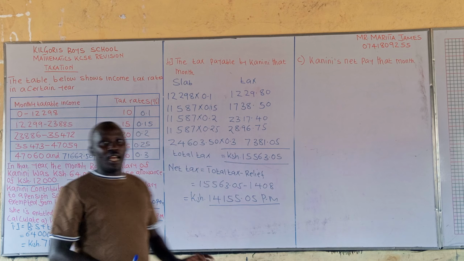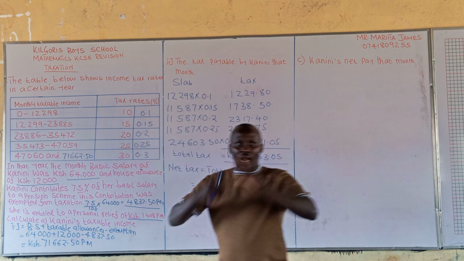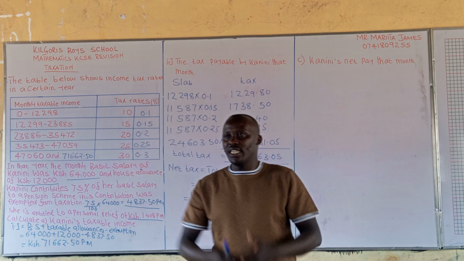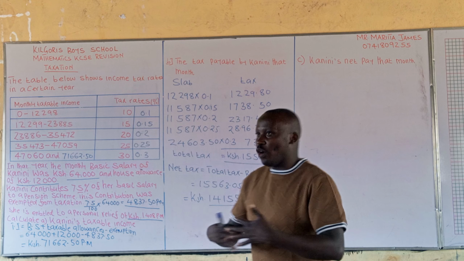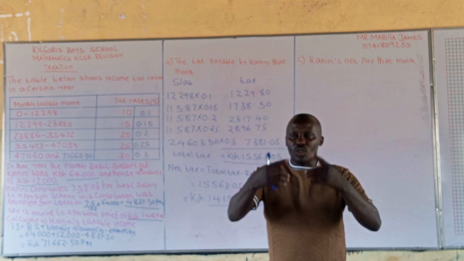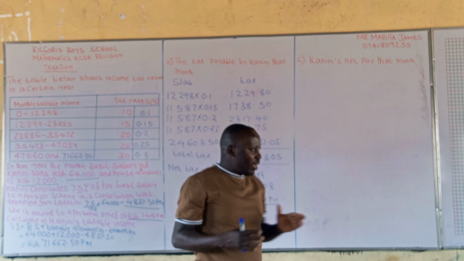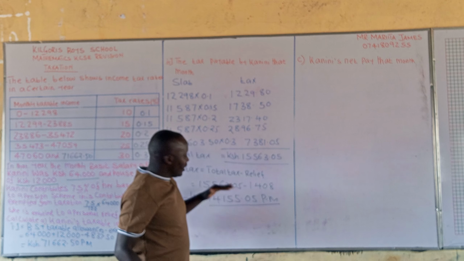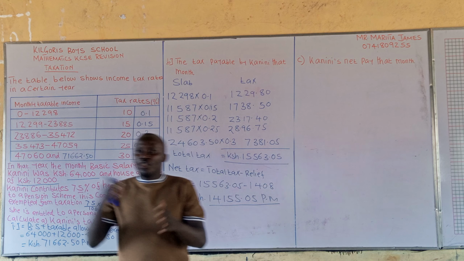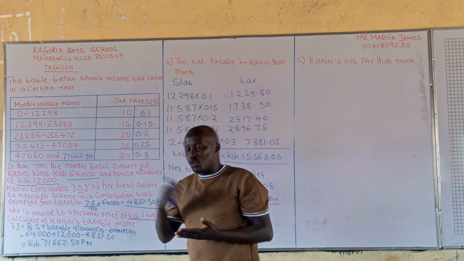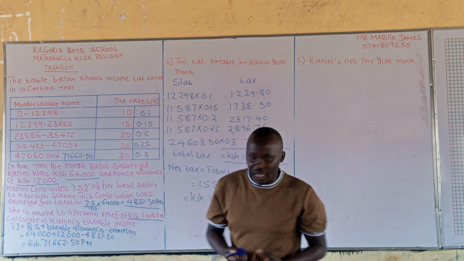So in this question here, we have only one other deduction. Kanini was contributing 7.5% towards the pension scheme. That is one deduction we have. The other deduction we have is the tax. Remember, our tax is our main deduction. She also contributes 7.5% towards the pension scheme. That is also a deduction.